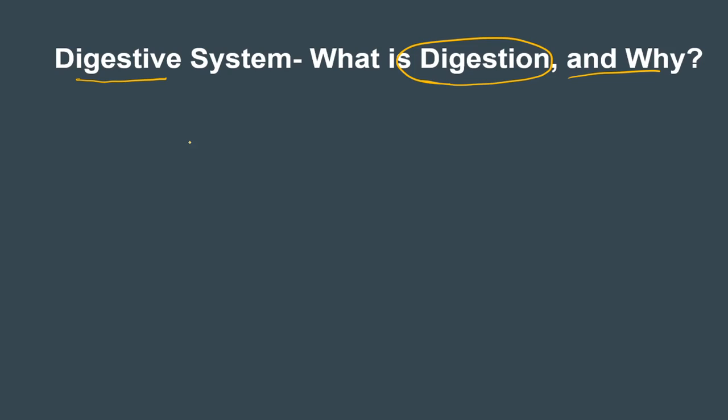If you had to tell somebody what digestion is all about, I think most of you know that it has something to do with food, and a lot of you might even know that it has something to do with breaking food down. But we're going to talk more about what that means and why you need to do that. But you would be right.